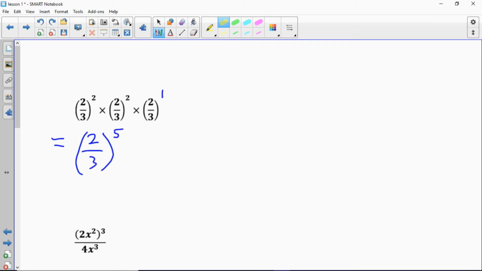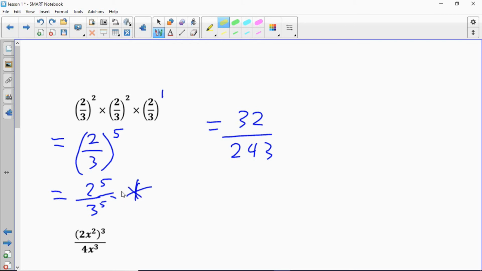That's 2/3 to the power of 5. Okay, that is the same as 2 to the power of 5 divided by 3 to the power of 5. Now 2 to the power of 5 is 32, and I believe 3 to the power of 5 is 243. Okay, this really is the line I'm more concerned with, though.